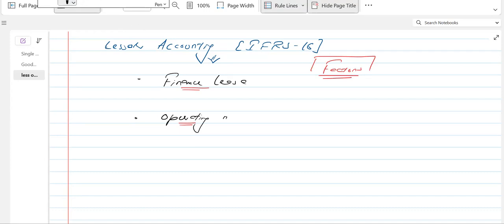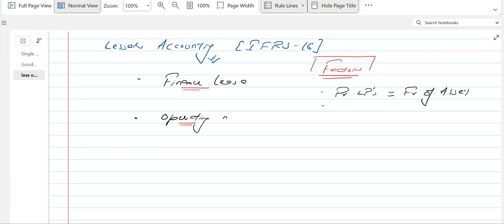There were factors based on which we used to decide whether the lease is an operating lease or a finance lease. And those factors were, for example, whether the present value of the lease payments is approximately equal to the fair value of the asset. If the present value of the lease payments, that means the lease payments which the lessee is making, is approximately equal to the fair value of the asset, then it simply means it is a finance lease.